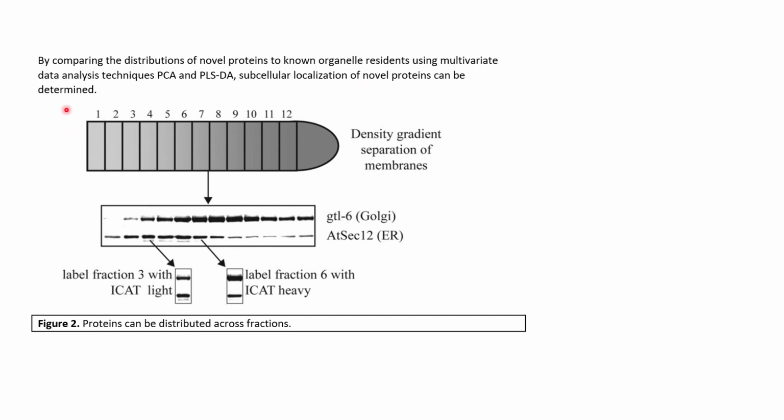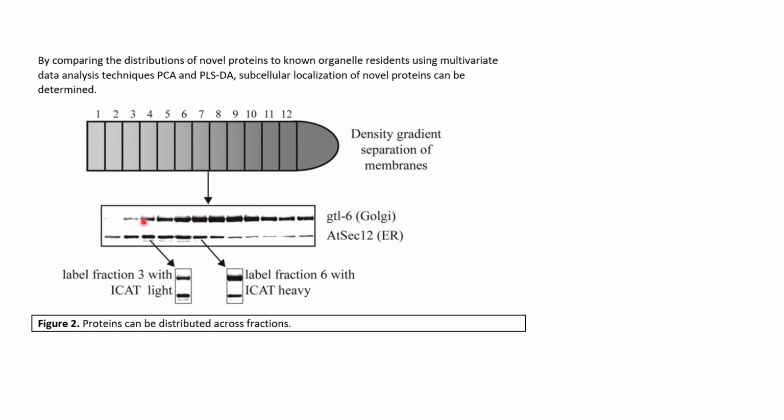So when you have your sample, you do density gradient centrifugation, and you split it into roughly 12 fractions. And so if you take this protein, for example, you can see that this protein is spread across fractions 3, 4, 5 until 12.